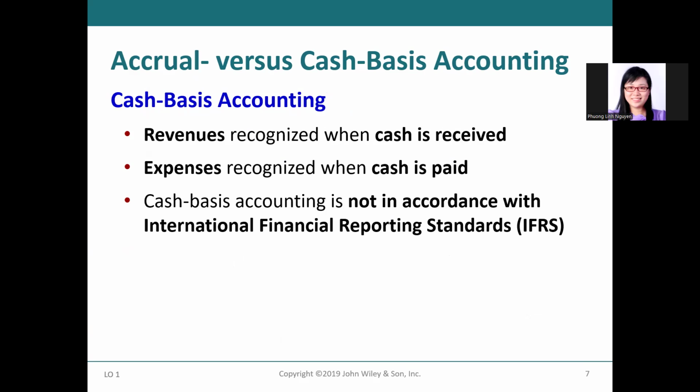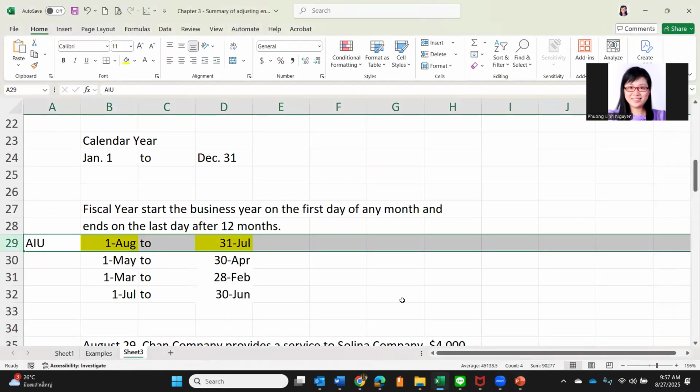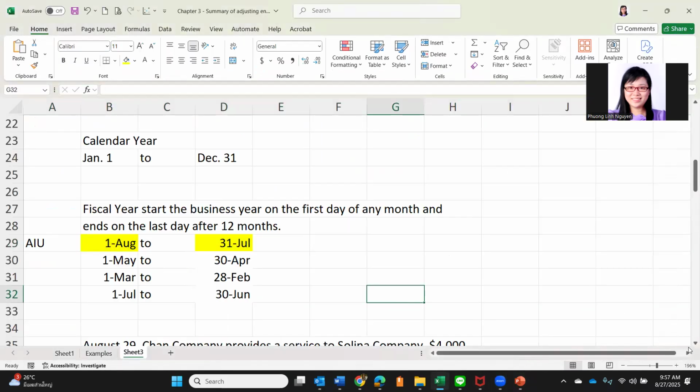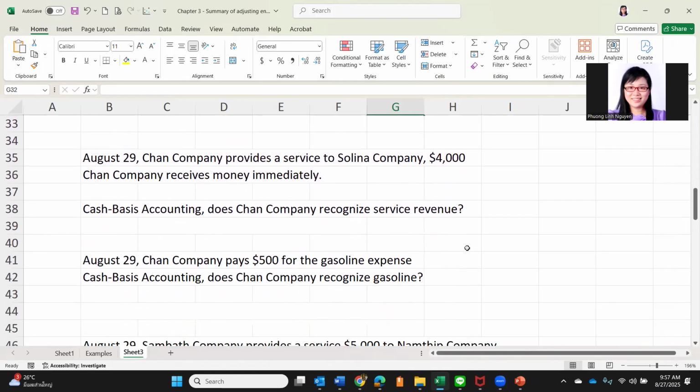Okay, so let's look at the example here. Now, assume that on August 29, Chan Company provides a service to Solina Company for $4,000. Chan Company received the money immediately. If the company used cash basis accounting, does Chan Company recognize service revenue?